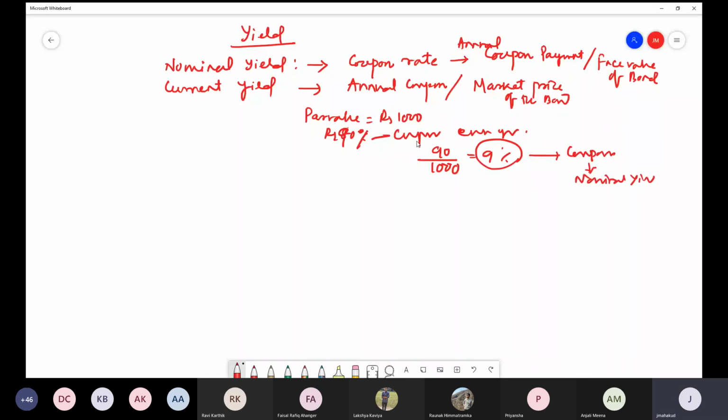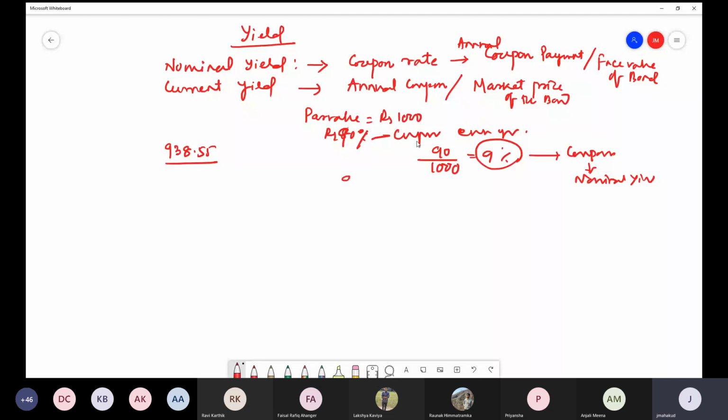But if the bond is traded in the market at that particular time, let us take the previous example, the market price we calculated in the previous class. What was the market price? We calculated 938.55, right? You remember in the previous class?